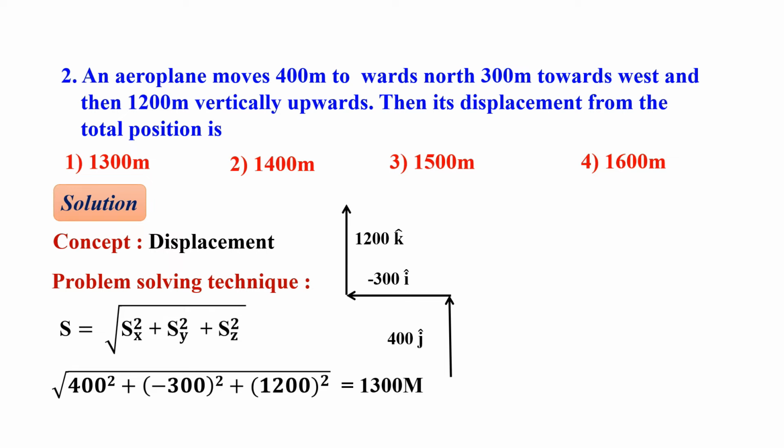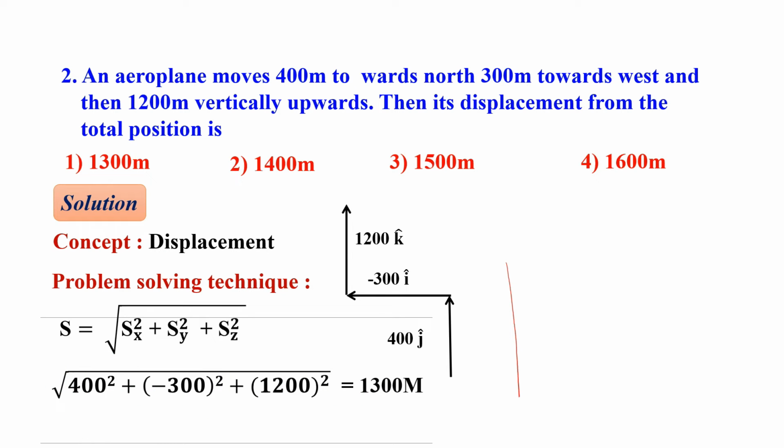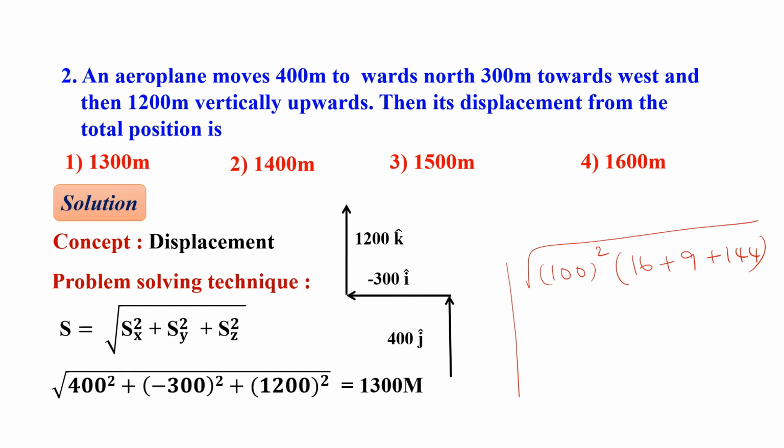that is equal to root of 400 whole square, taking 100 common to all, 100 whole square of 4 square 16, 3 square 9, plus 12 square 144, under root.